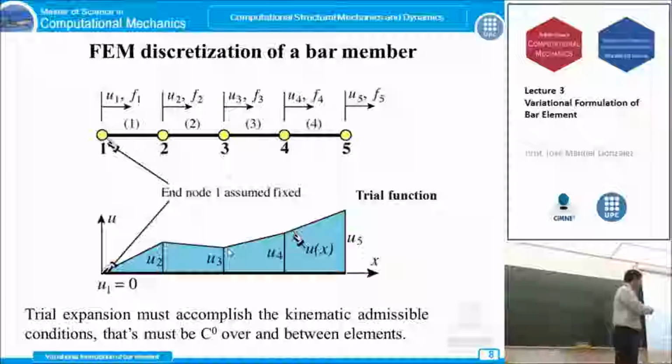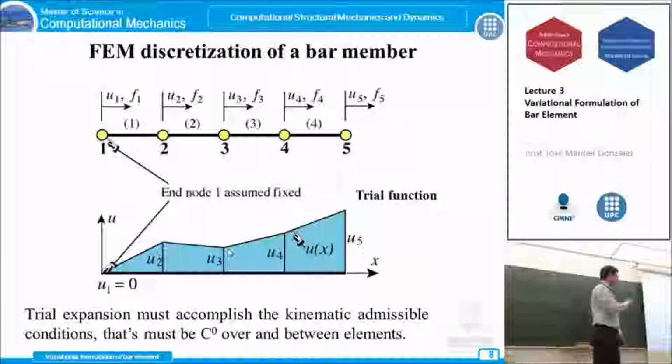So we have 5 values of the displacement function in the nodes, and assuming these boundary conditions, for example, node 1 is assumed fixed, so we have a boundary condition we must respect here. This trial expansion must satisfy these kinematically admissible conditions as well, which means it must be continuous along the bar element and it must satisfy these boundary conditions.